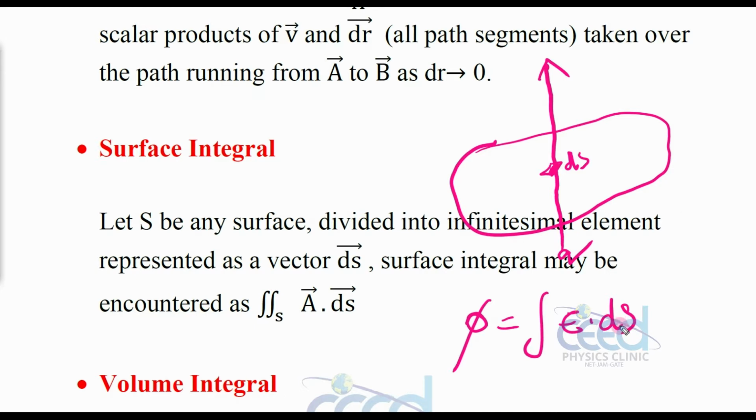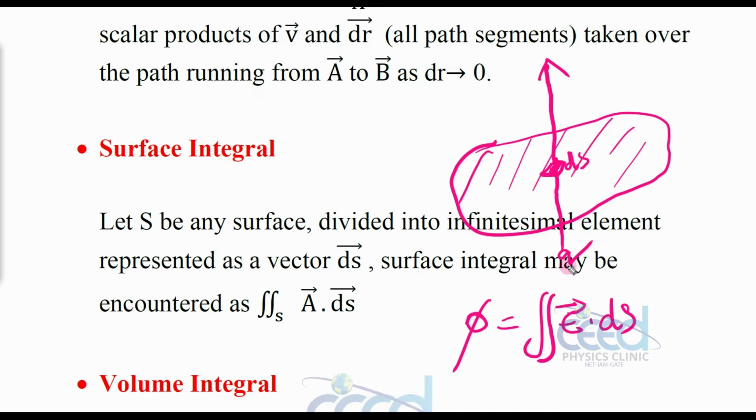So you can represent this as a double integral, or surface integral, of E dot ds. When you integrate, you are taking the variation of this field through the entire surface, that is what the surface integral means.